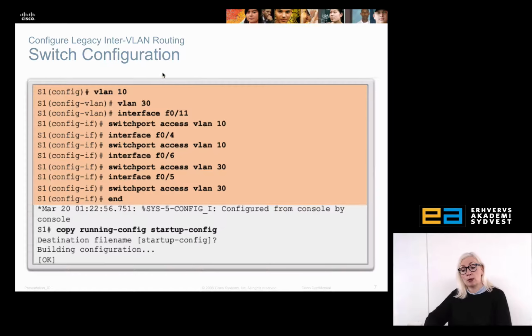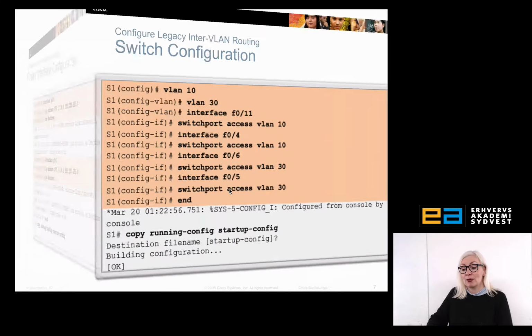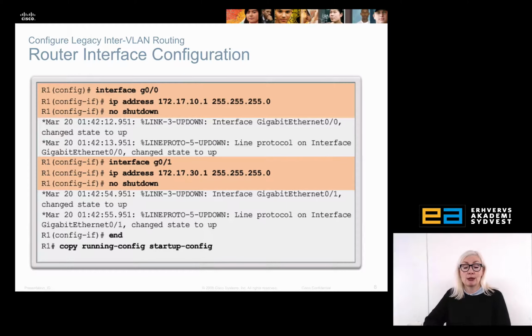So what do we do? Well, on the switch, we create the two VLANs, and then we assign the ports according to which VLAN they are supposed to belong to. So port 11 belongs to VLAN 10, port 4 belongs to VLAN 10, port 6 belongs to VLAN 30, and port 5 to VLAN 30. And that's it. That's what we need to set up in the switch. In the router, however, we also need to set up the two different interfaces.